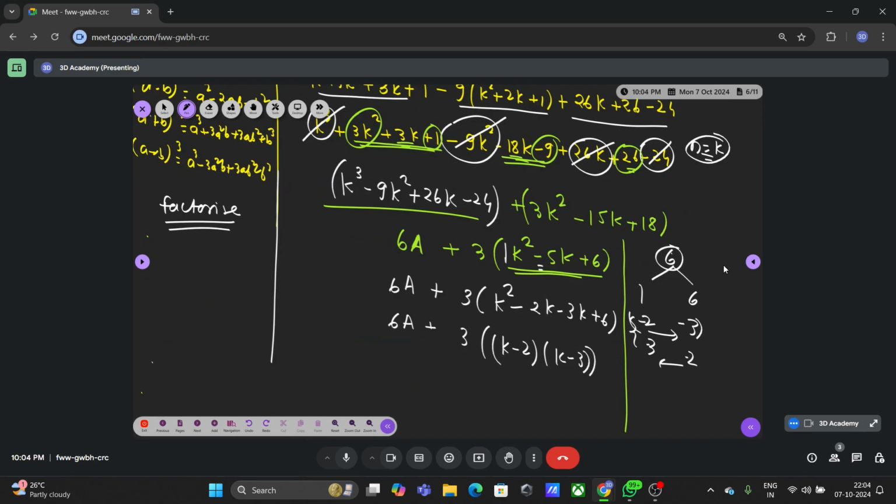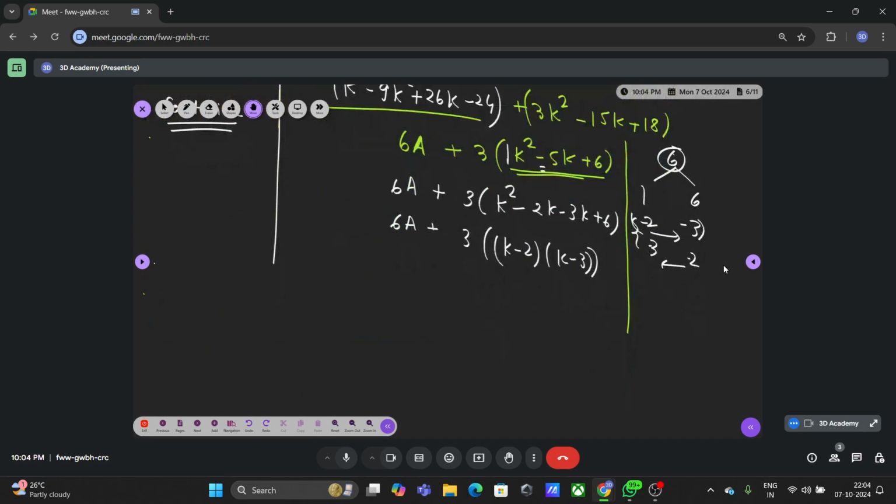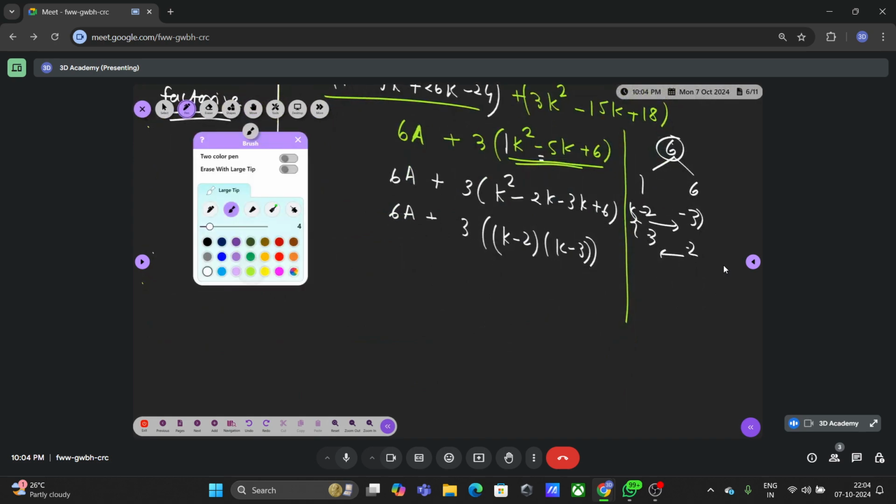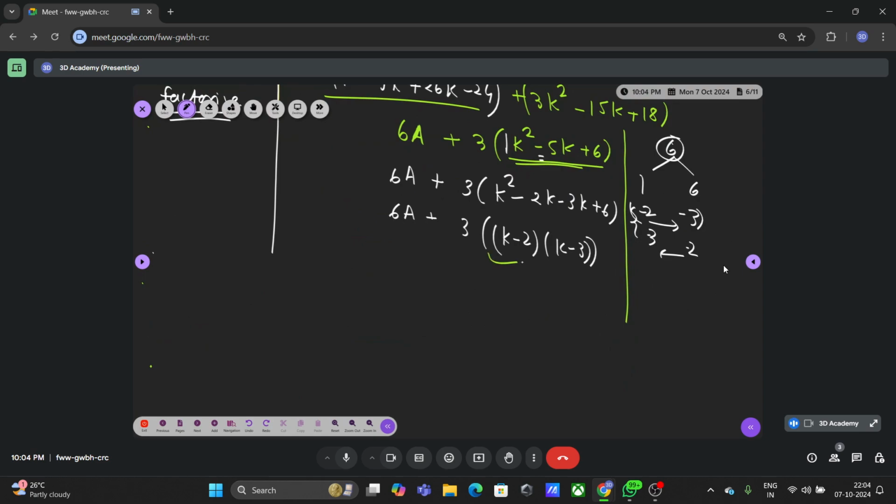Now here is the important point. Almost 90-95% of students will reach till here, but here they will get confused a bit. Now see, this is nothing but two consecutive terms. Let's say you take the value of k as 5, so it will become 3 into 2. If you take the value of k as 6, it will become 3 into 4, right?